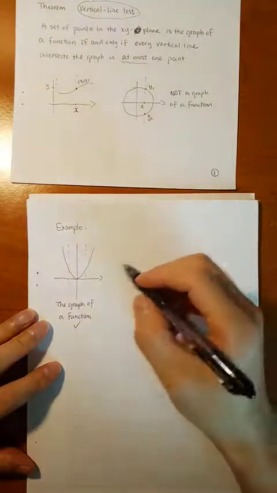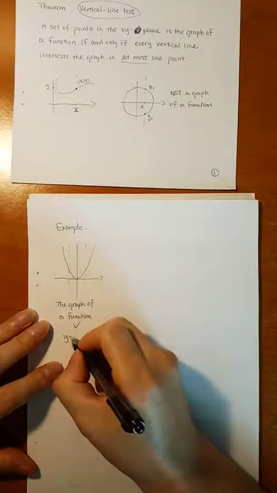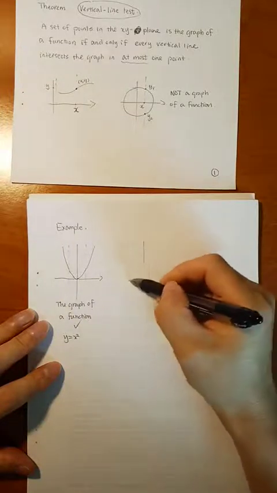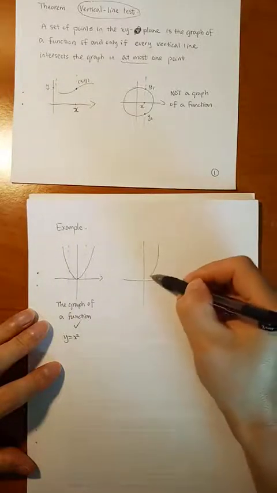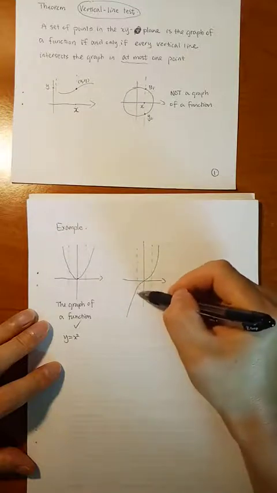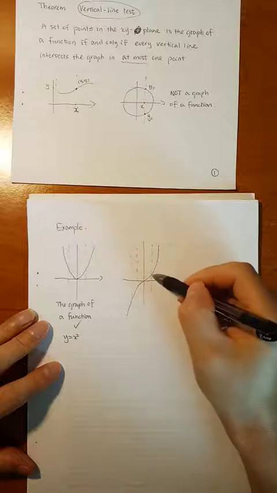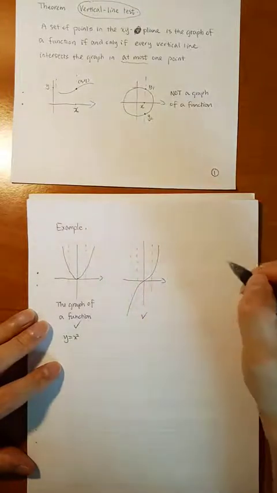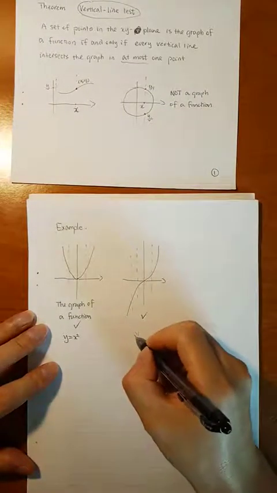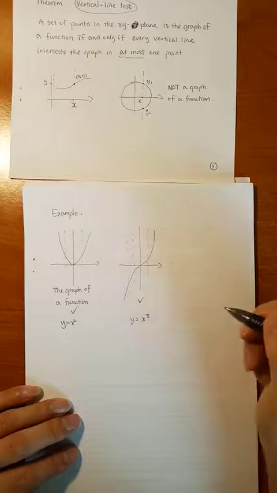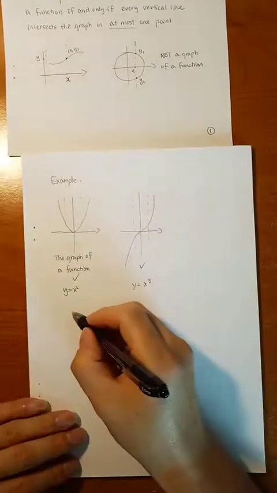The right one could be y equal to x squared. And for this graph, you draw the vertical line, you will also have just one intersection point. So this is also the graph of some function. And this function could be y equal to x cubed.